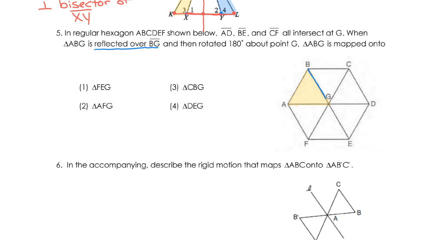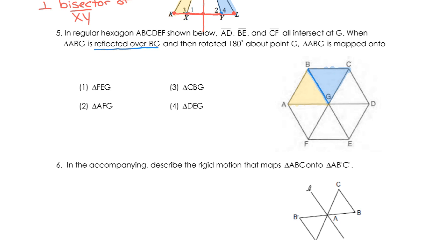Here's BG. If I were to reflect my triangle over it, A would reflect over to here to C, B would stay B, and G would stay G. And so this blue triangle is what you would get.